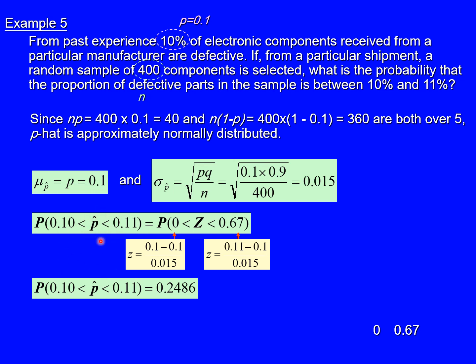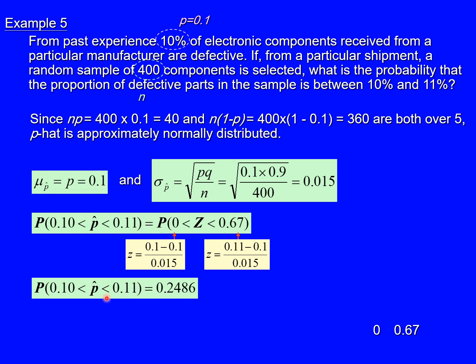Since p hat is normally distributed, we want to transform it to z by subtracting p, which is 0.1, and dividing by the standard error, which is 0.015. So z will be 0.11 minus 0.1 over 0.015.